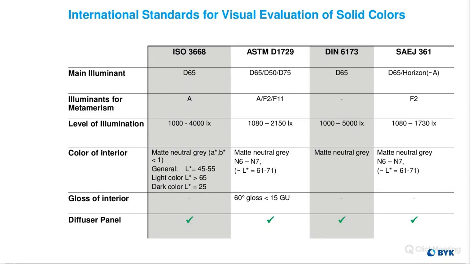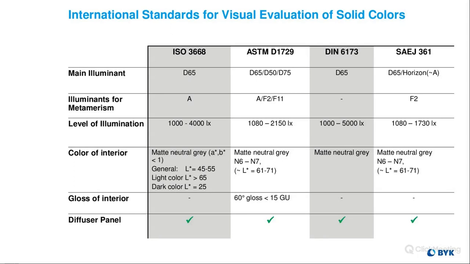So we see that the main illuminant across all of them is D65. And what that is, is the artificial daylight that was developed by the CIE. And so that D65, the D stands for daylight, and the 65 stands for 6500 Kelvin, which is the energy output of that light source. So you see that it's pretty standard across the board to use that.